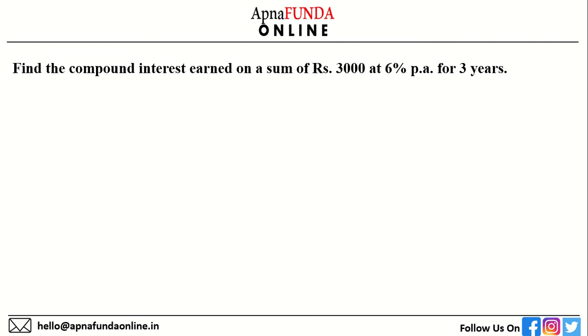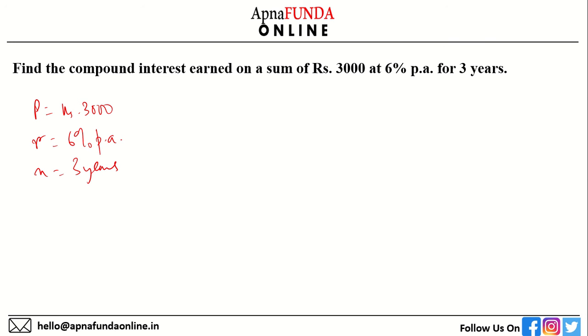Next question. Find the compound interest earned on a sum of rupees 3,000 at 6% for 3 years. Okay, so over here we are asked to find the compound interest. In the previous question, we were asked to find the amount. So we know that principal is rupees 3,000. The rate of interest given is 6% per annum and the number of years is 3 years.